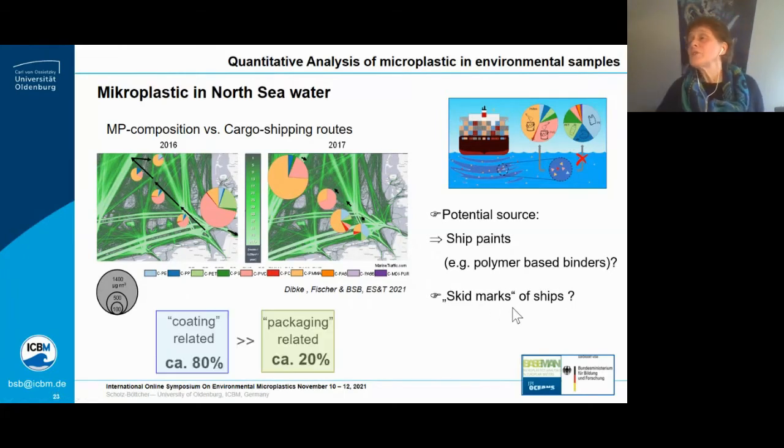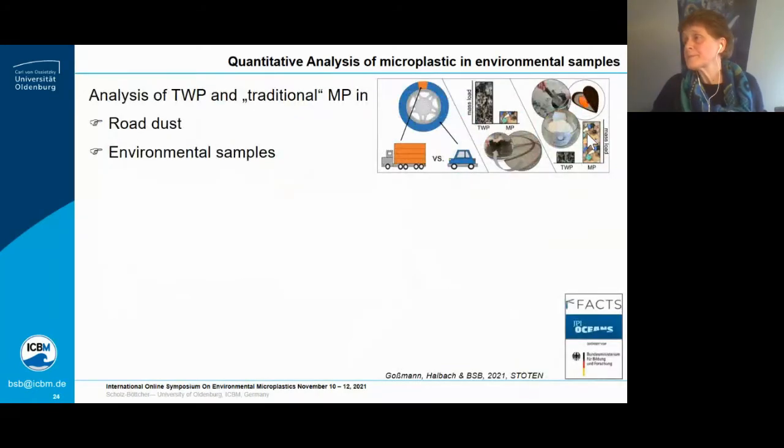If you now calculate, relying on our cluster definition, the impact of ship paints compared to packaging-related plastics in these samples, at least, you end up with a ratio of 80 to 20. That means that ships are a really high source of microplastic impact, at least in the marine environment.